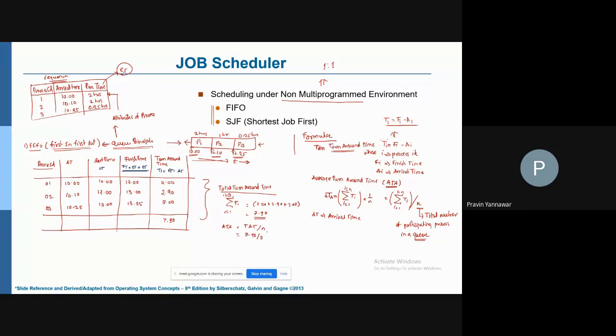The average turnaround time for all these three processes using the FIFO algorithm will be 2.63 hours. This is FIFO scheduling with respect to a non-multiprogrammed environment.